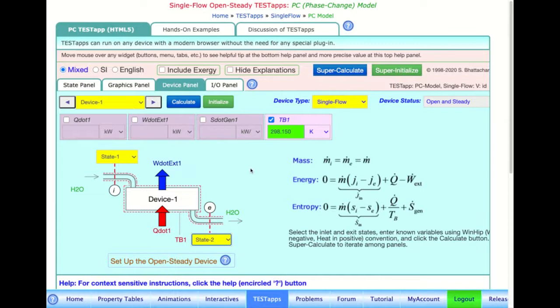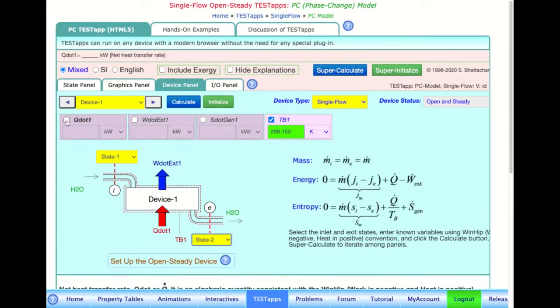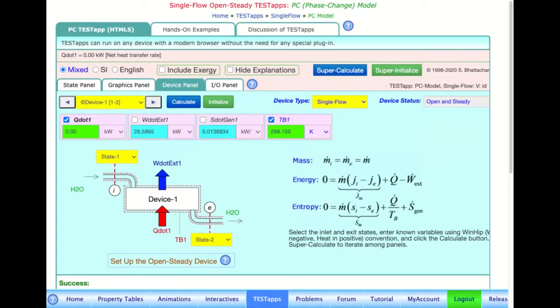Well, we know that it is adiabatic. And what adiabatic means is no heat transfer. And so we say no heat transfer by actually specifying that Q dot 1 into device 1 is equal to 0. Upon doing that, the equations, the mass continuity, the energy conservation, and the entropy equation are all solved.